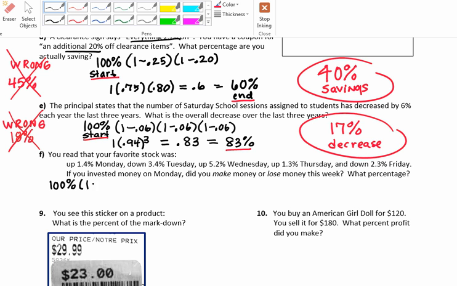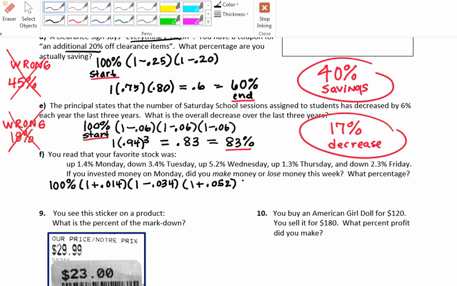It's up 1.4%. That's an increase of 0.014. Down 3.4% would be 1 minus 0.034. Up 5.2% on Wednesday, that's 1 plus 0.052.